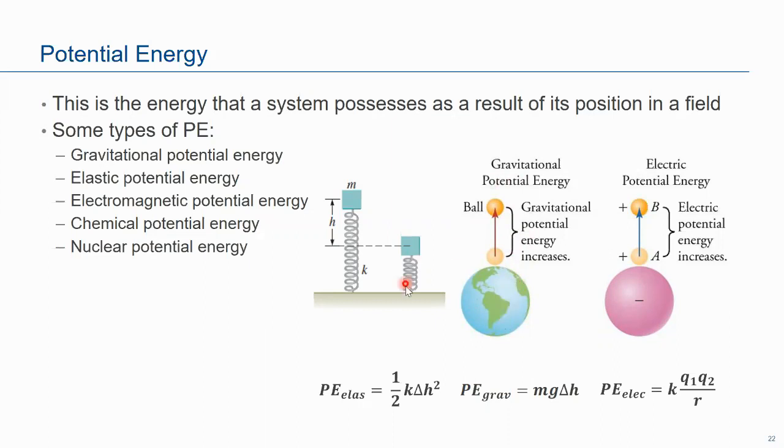So ganun din naman yung nangyayari sa elastic potential energy. As you stretch the spring in this case, mas tumataas yung value ng potential energy. And you all have the corresponding equations here below.